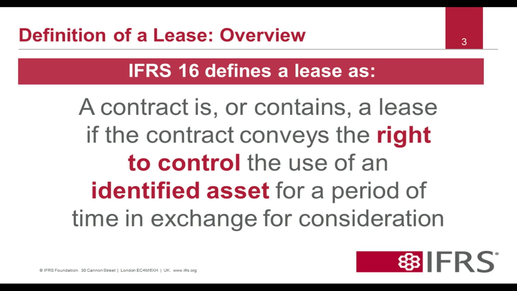So the contract could depend on an identified asset, but if that asset was controlled by the supplier, then it still wouldn't contain a lease? That's right. Whilst a service contract might depend on the use of an identified asset, the supplier would always retain control of that asset. That is, the supplier would decide how to use the asset to deliver the service.